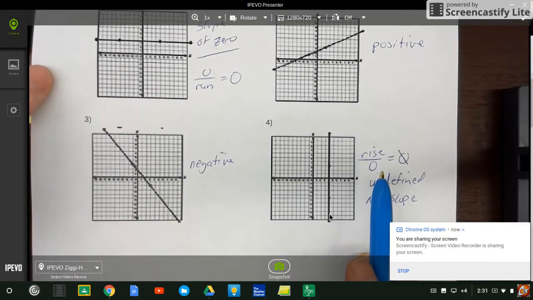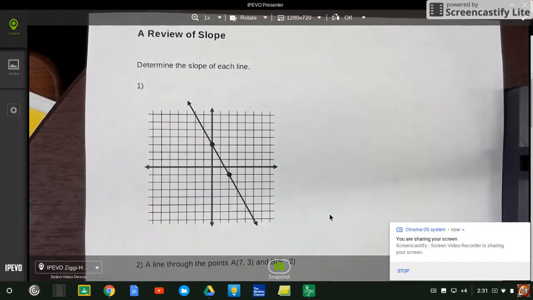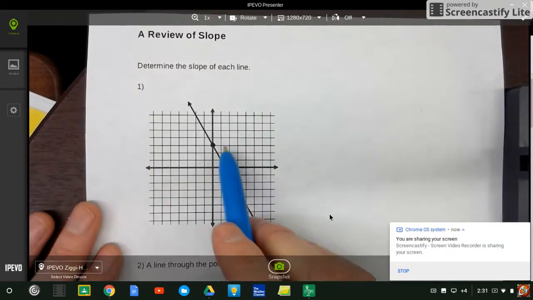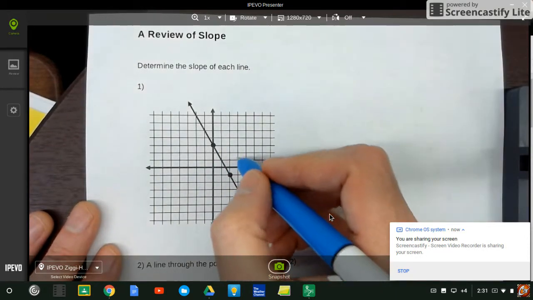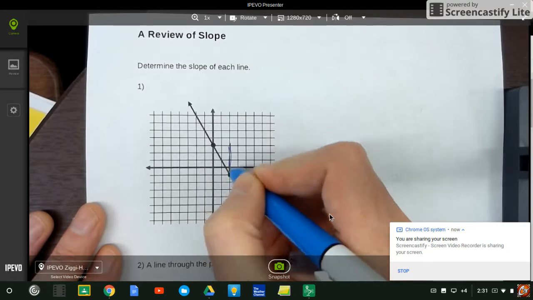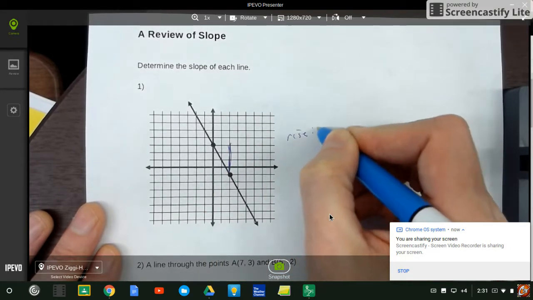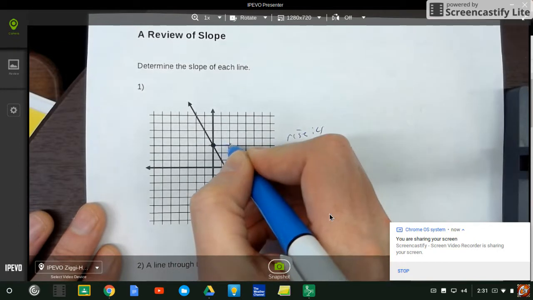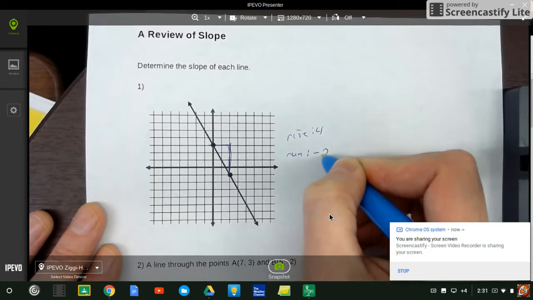So let's take a look at some more problems real quickly. Determining the slope of a line is very easy to do. I just need to find my 2 points. Now with one like this, you could actually just count it. The rise is going upwards, so it's rising 1, 2, 3, 4. So a rise of 4, a run of 1, 2. But it's going backwards, right? So that's a negative 2.